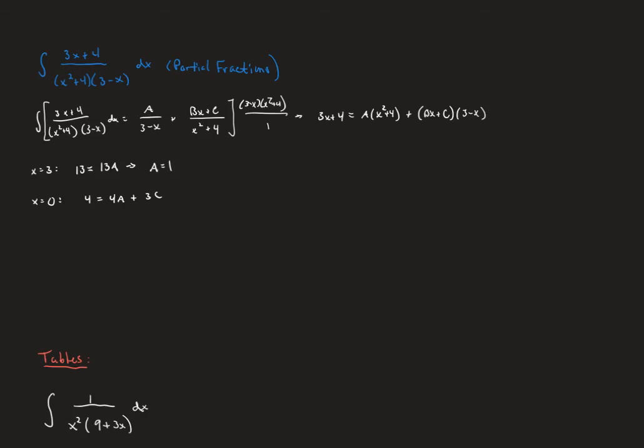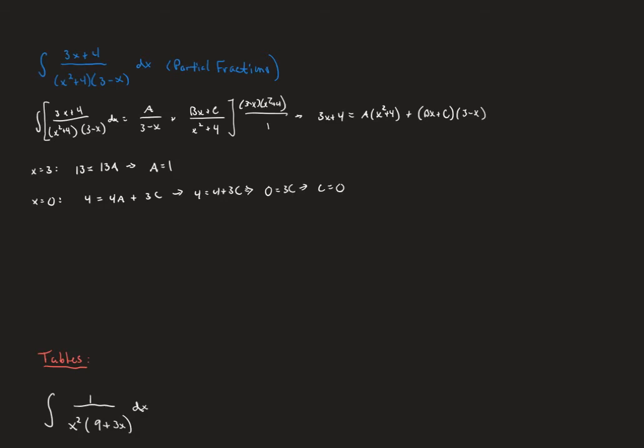And we know that the A is 1. So that's going to get us 4 equals 4 plus 3C. So that means that C is going to be 0.